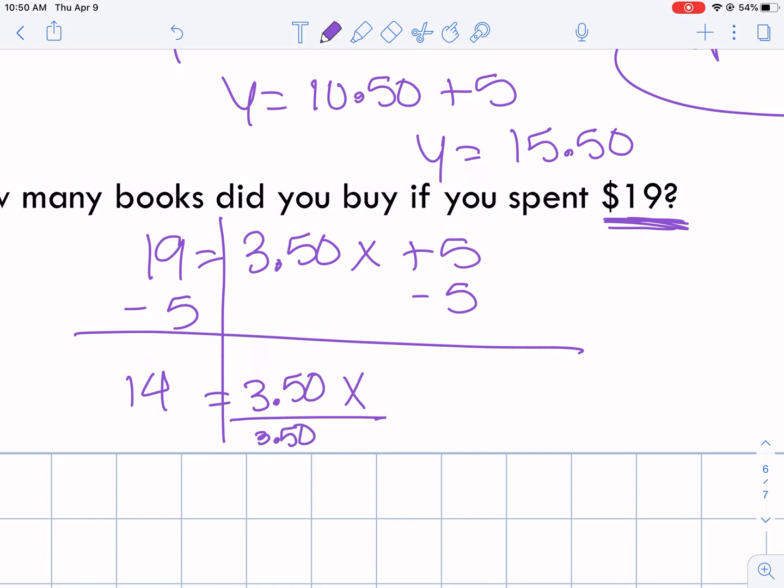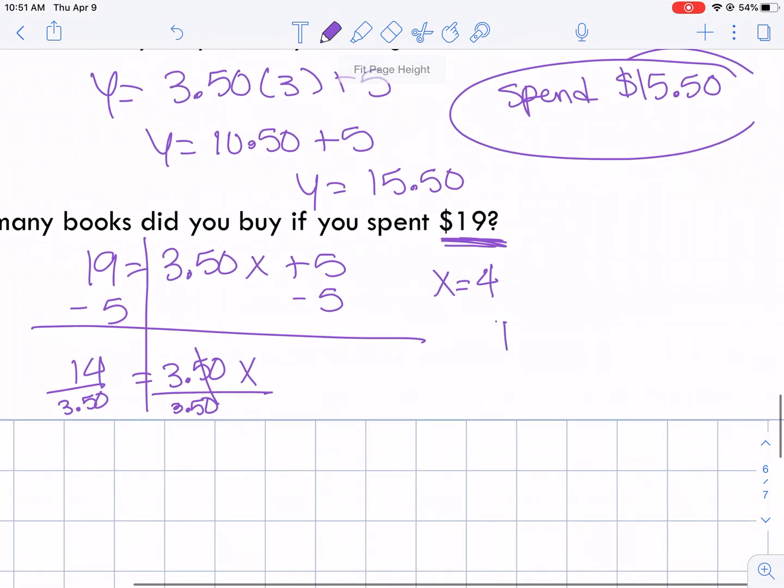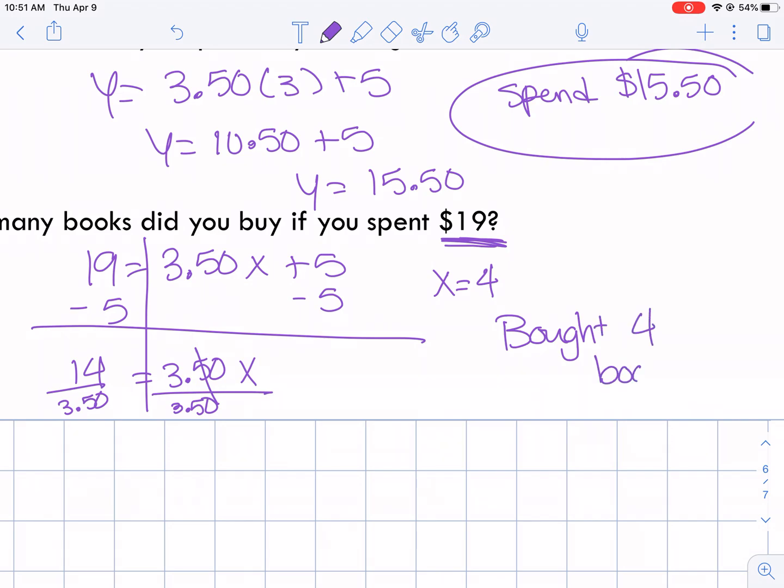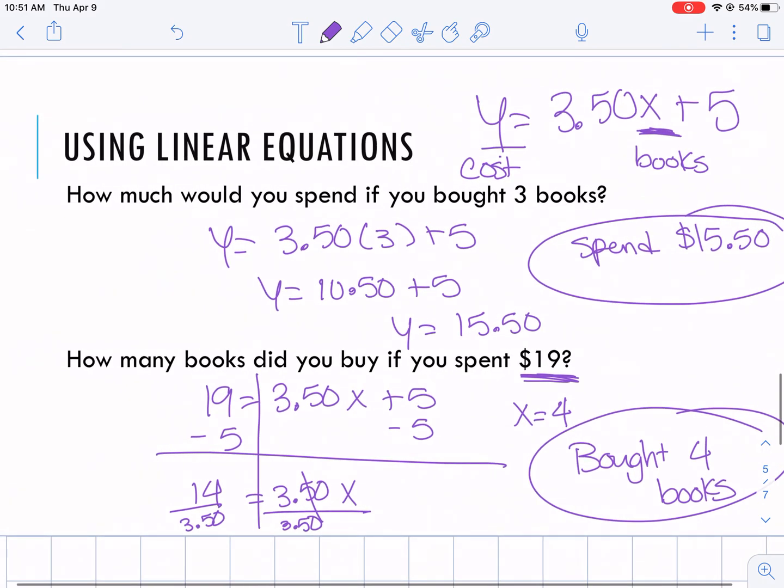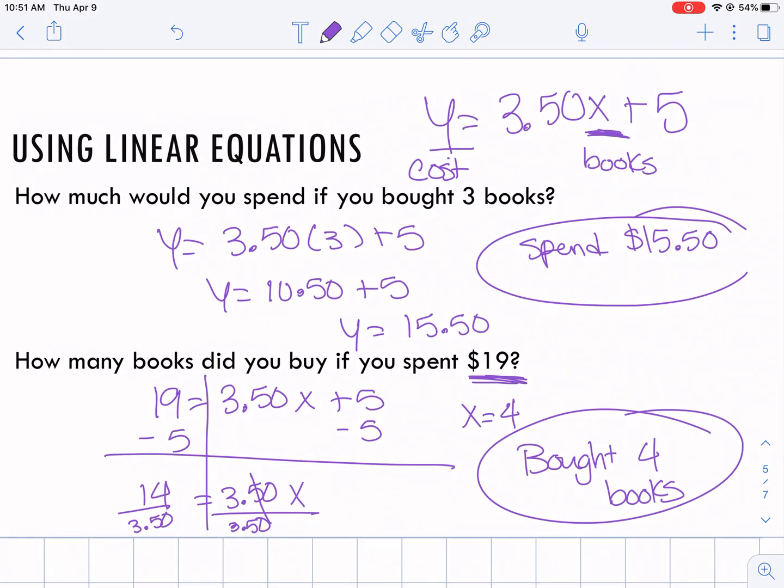We're going to divide by the $3.50. So 14 divided by 3.50 equals 4. So we bought 4 books. All right. So that is the end of this video lesson on how we can use linear equations to solve problems.